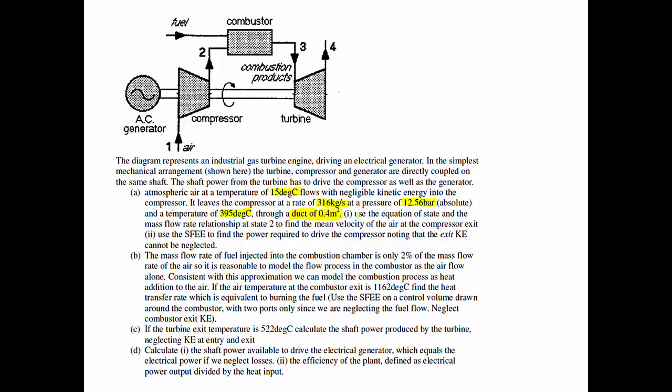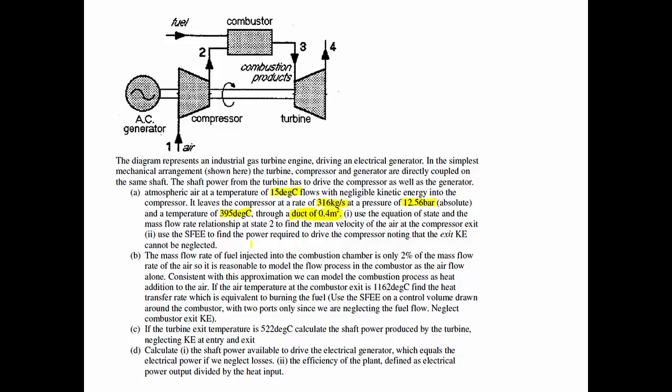So first part of the question, part 1 of part A, is use the equation of state. So PV equals MRT, or P over rho equals RT, and the mass flow rate relationship at state 2 to find the mean velocity. So there we go straight away. We've got a duct area, we've got mass flow rate, so it's quite simple to then find the mean velocity of the air.